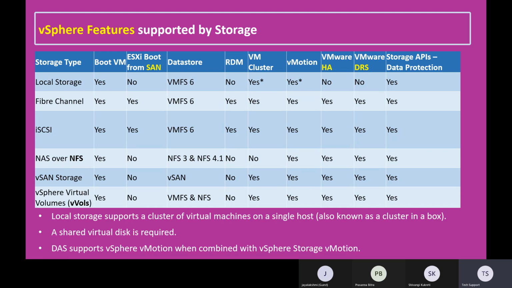Most production critical servers prefer Fibre Channel SAN or iSCSI SAN, subject to customer budget. And test VMs and development VMs go with either software defined storage or NAS storage. That is the way we can categorize our environment's virtual machines.